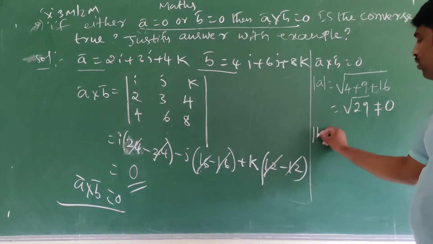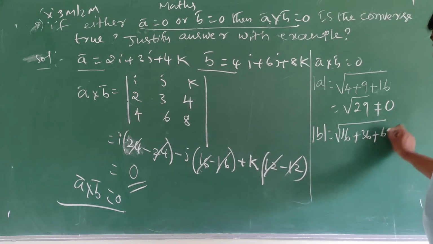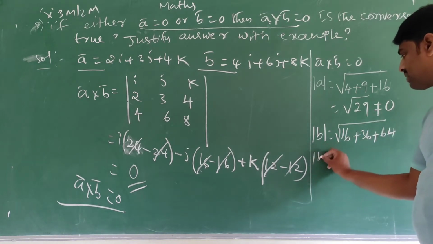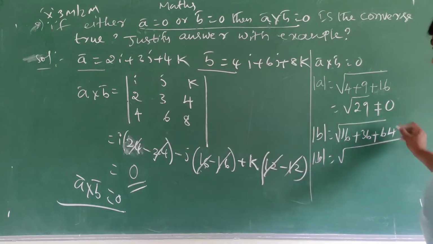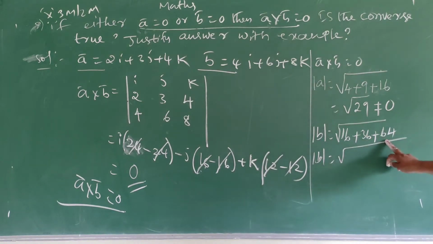Therefore, the magnitude of b bar is root of 16 plus 36 plus 64, that is 116, which is also not equal to 0.